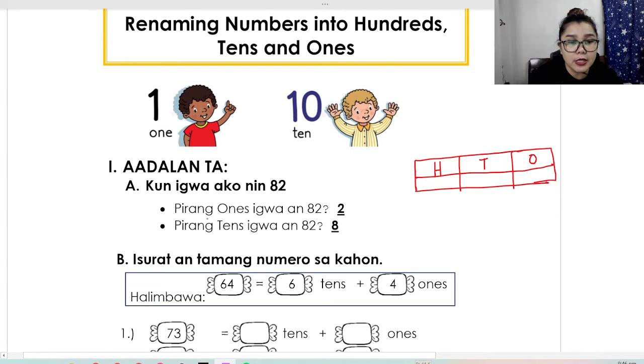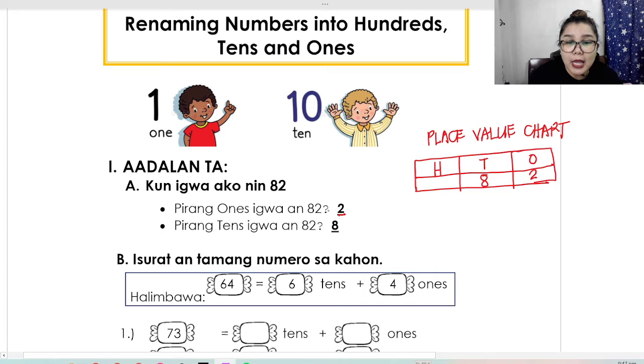So, like for this, pirang ones igwa ang 82? Ang nakalagay dyan, 2. Why? If you're going to put 82 on the place value chart, let's review first. 2 is on the rightmost and 8 is under tens.